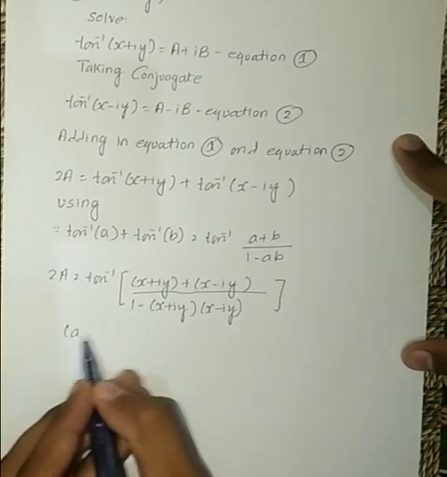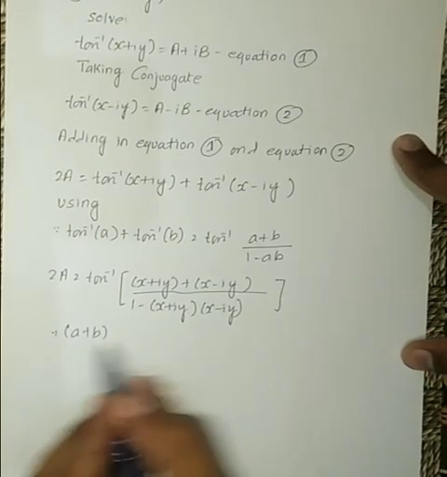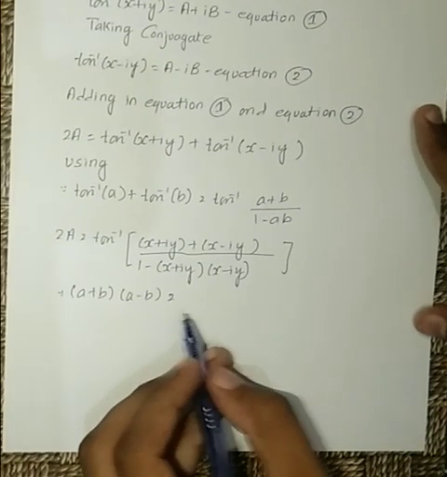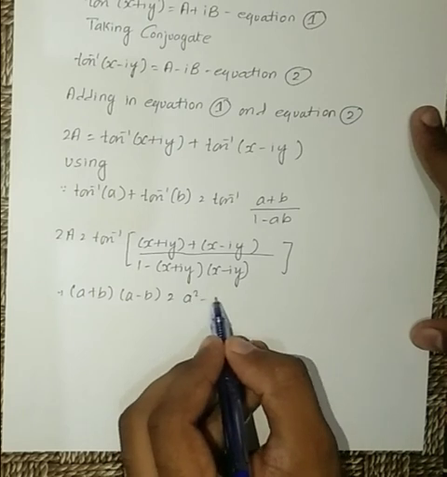Using the formula, a plus b times a minus b equals a square minus b square.